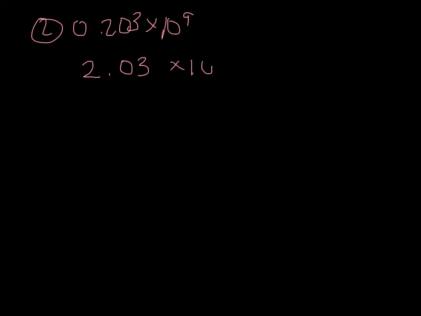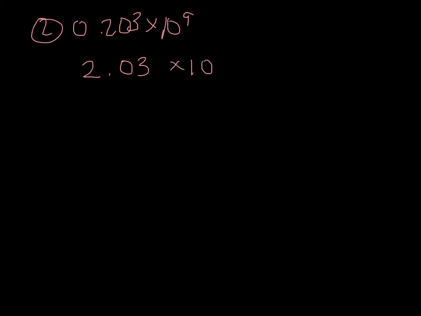So what about this one? What if they gave you one that says 0.203 times 10 to the 9th power? Again, a flashing light should go off in your head. There's supposed to be a number in front of the decimal point. So it should be 2.03 times 10.